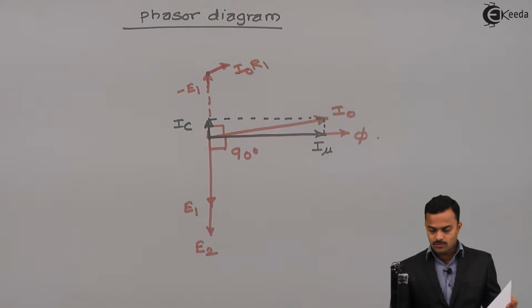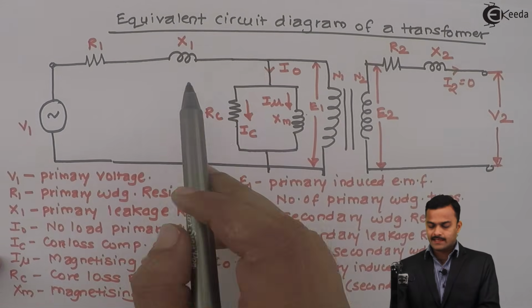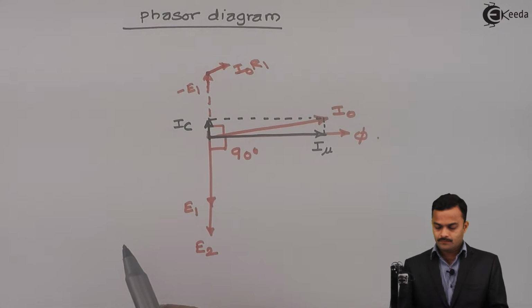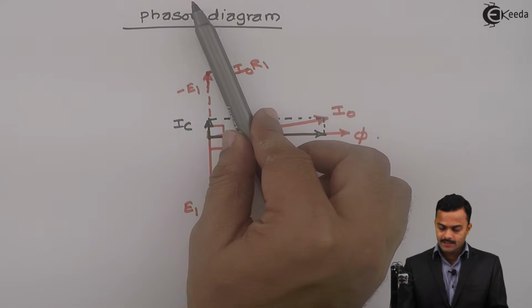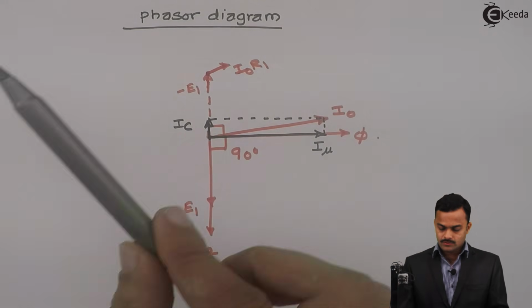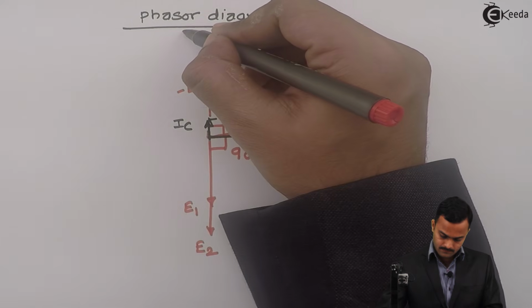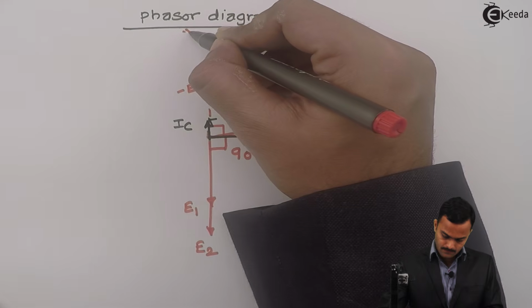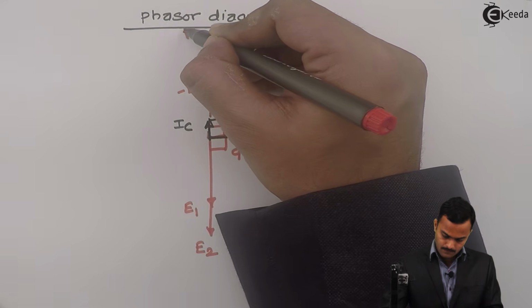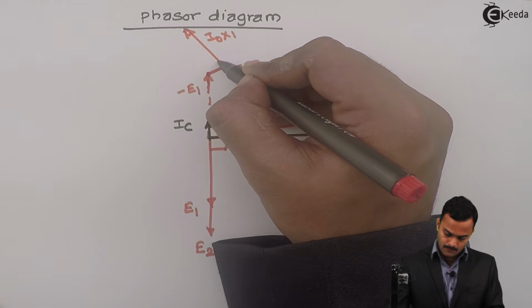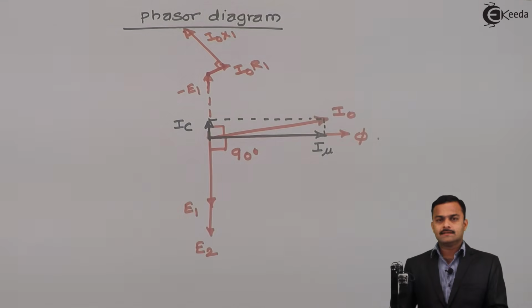The same current I0 will be passing through X1, giving rise to a voltage drop I0 X1, which will be 90 degrees leading this phasor. So 90 degrees leading will be like this. So this is 90 degrees.